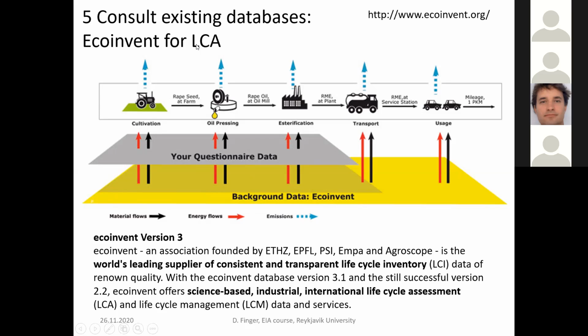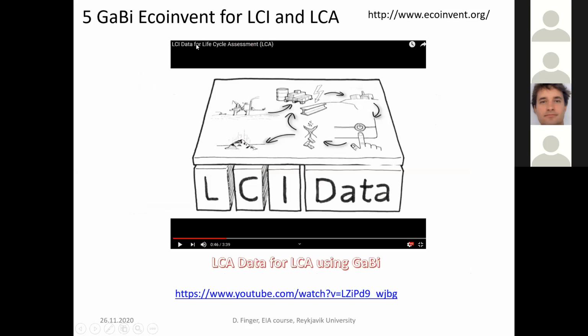I'm not going to go into detail because we will have one morning lecture on life cycle analysis next Monday. We will look at the life cycle analysis of the Hellisheiði power plant and some other examples from Iceland. But if you're interested, feel free to watch this YouTube video.